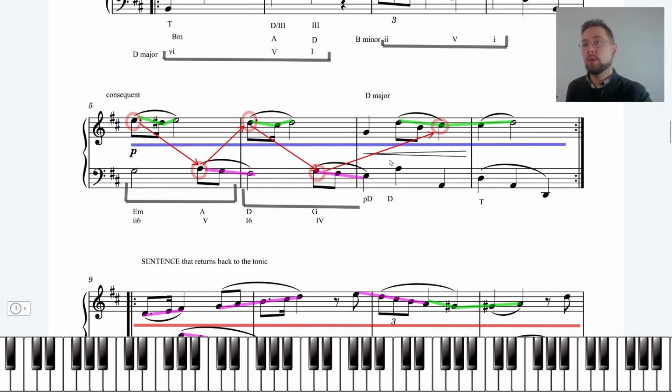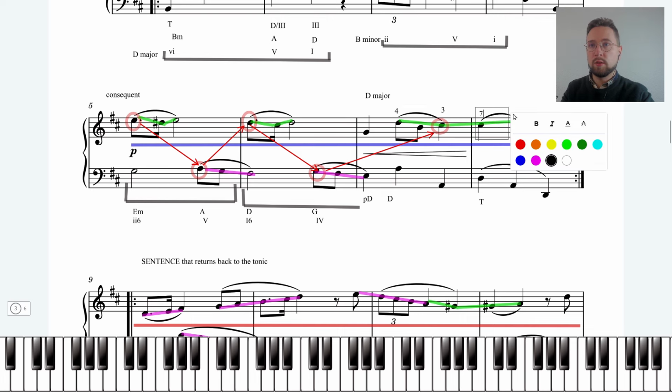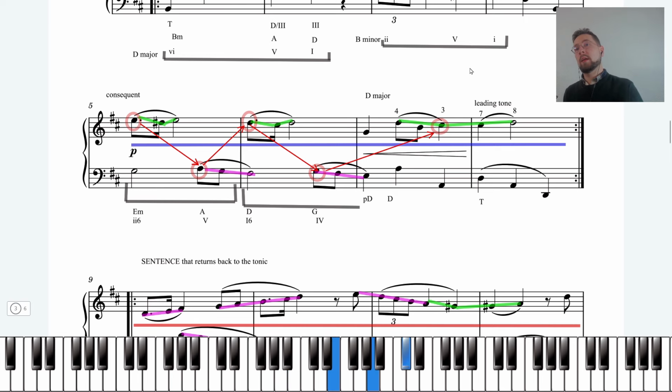Right, and there we also get this suspension, which is the cantus melody, which is the fourth that goes to the third, and then the seventh that resolves to the octave. So that's the leading tone. Right, I'm seeing this fourth from A, and then the seventh leading tone, and that would be the suspension.